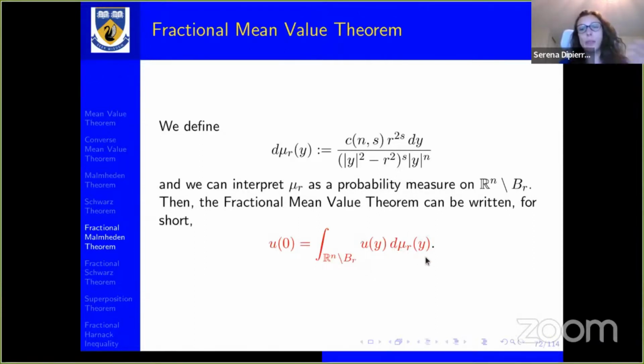So we have d mu r, which is defined to be some weighted volume element. In the classical case, mu r is just the Lebesgue measure. Here we have a somewhat more complicated measure, but this is what we can expect in the non-local scenario.